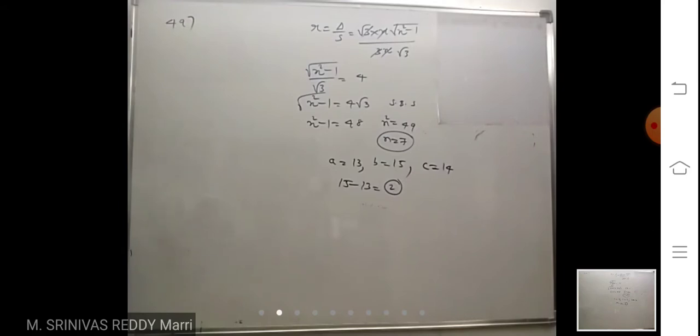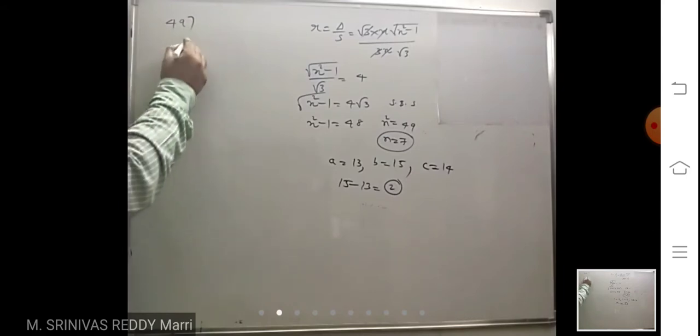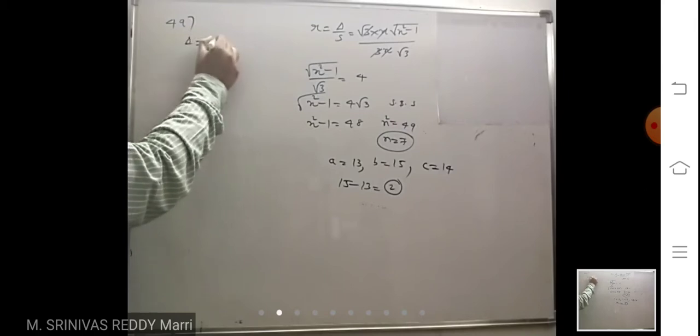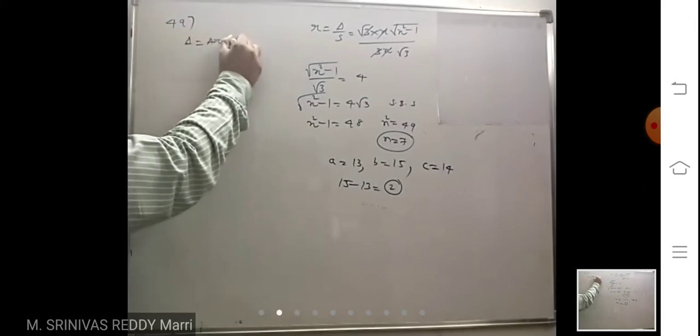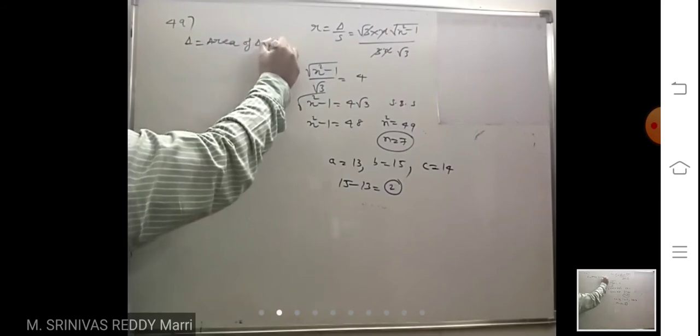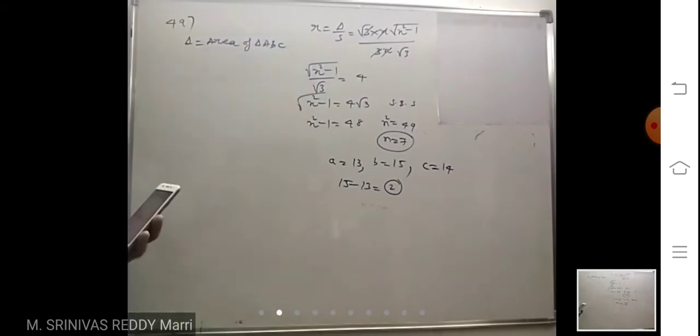He has given delta as the area of triangle ABC. We have so many formulas for delta.